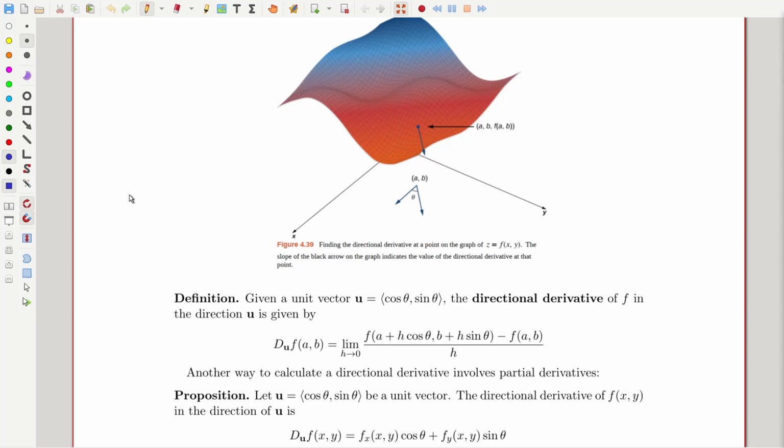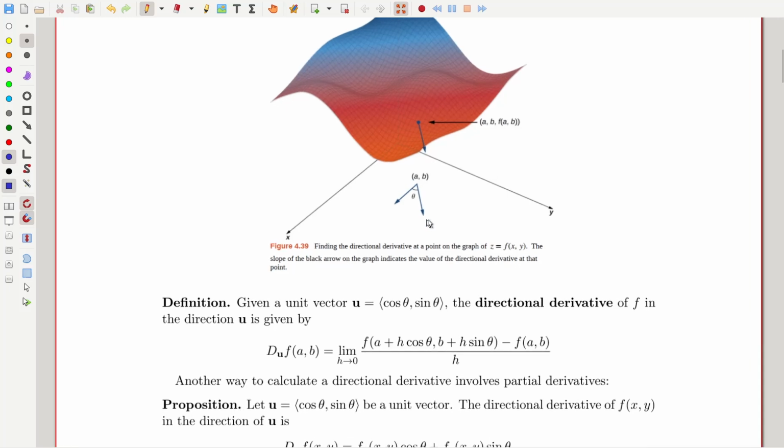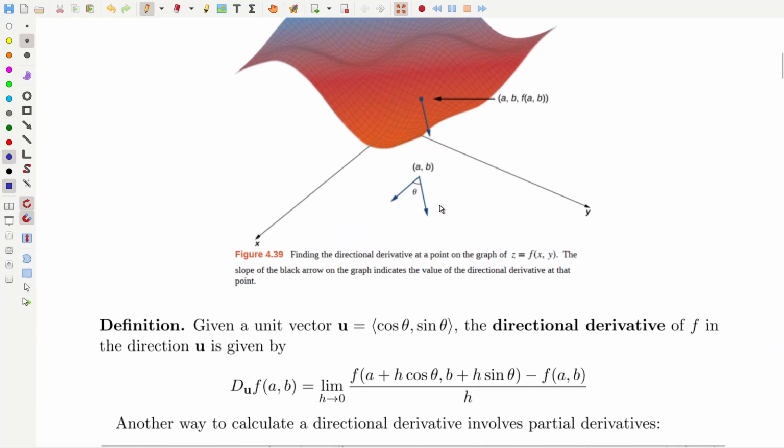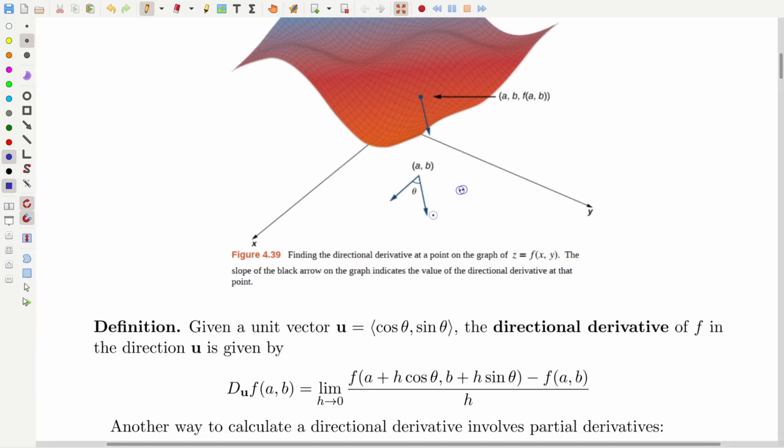Maybe one thing we can do here is reason about exactly why it's like this. Notice that theta is defined here. What we're doing is we want the length of this vector to be h. So we want that to be h, and let's make that into a right triangle.